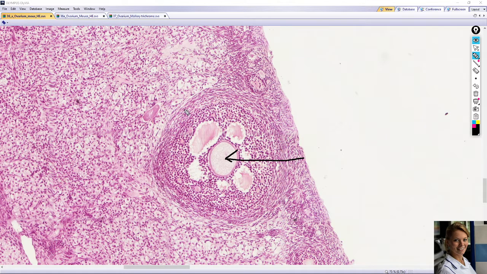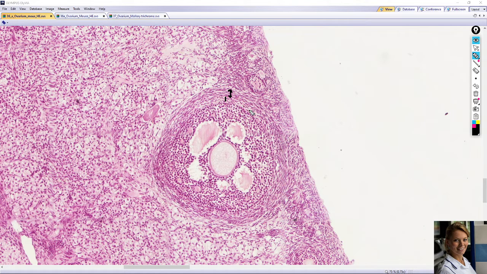These granulosa cells are surrounded by theca, first layer called theca interna here, which contains vessels, and theca externa, which is formed by fibrocytes. It's a connective tissue capsule of follicles.